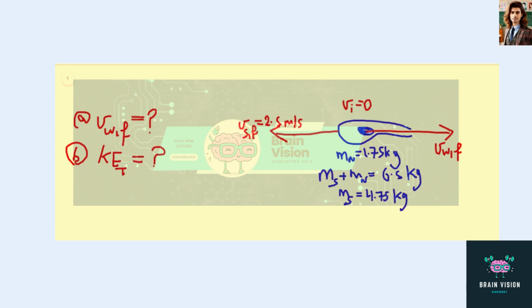And the second part of the problem is to find the total kinetic energy that is made by the squid. This is a type of collision problem. It is more like an explosion, but we can still think about it like a collision. One thing I want to bring to your attention is to figure out the number of particles or objects in the problem before the expelling and after the expelling.